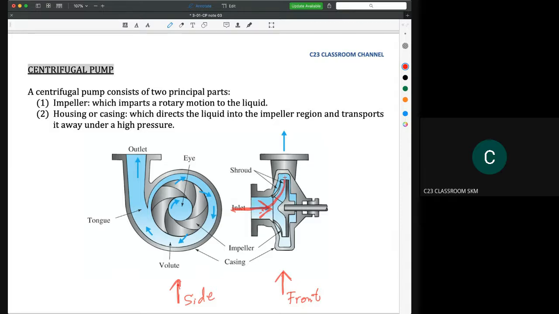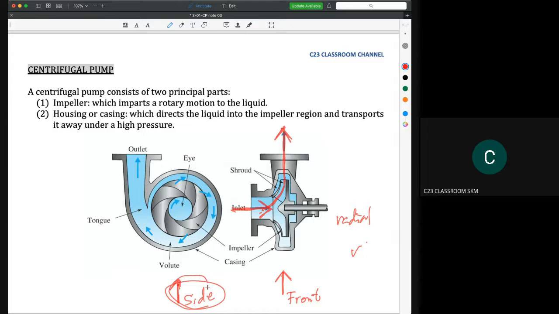Then it changes the direction into the vertical direction, from horizontal to vertical. So we call it a radial flow, or a radial centrifugal pump. This is the common one.